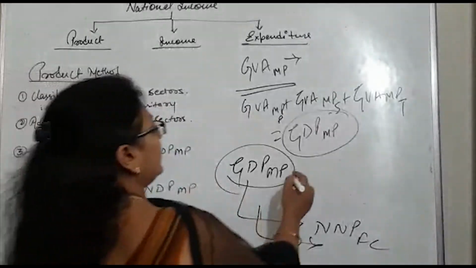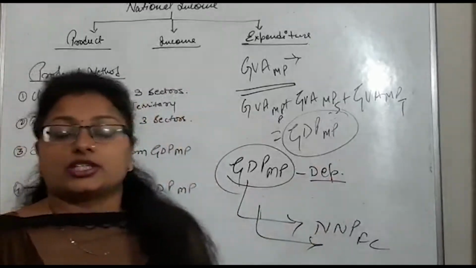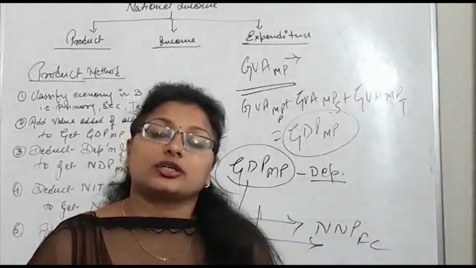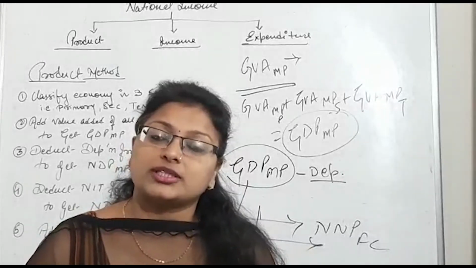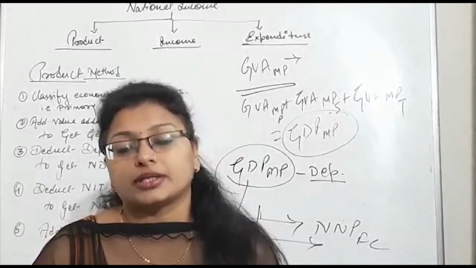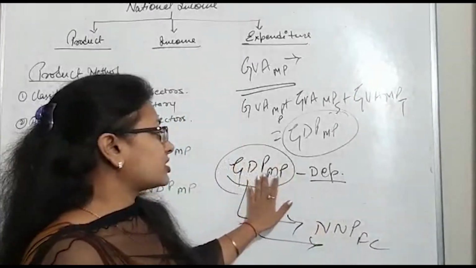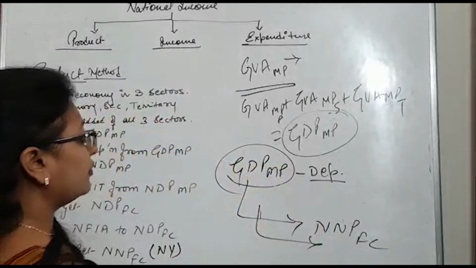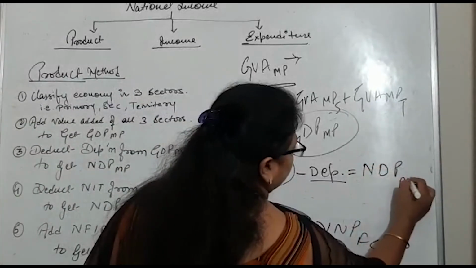First of all, we have to deduct depreciation. We all know that depreciation is the value of normal wear and tear or the value of expected obsolescence in the durable goods or capital assets. So after reducing depreciation from gross domestic product at market price, we will get NDP at MP.